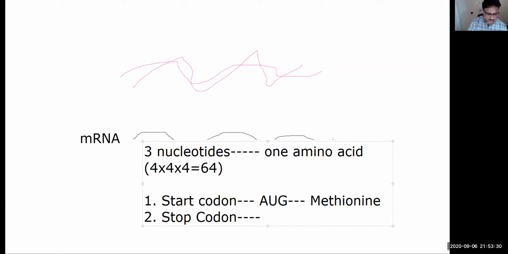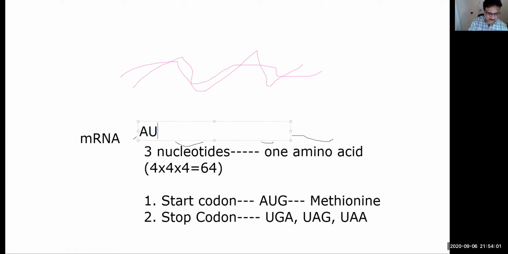There are 3: UGA, UAG, and UAA. So the start will be the triple nucleotide AUG, and the length of the protein will be determined by the stop codons UAA, UAG, or UGA.